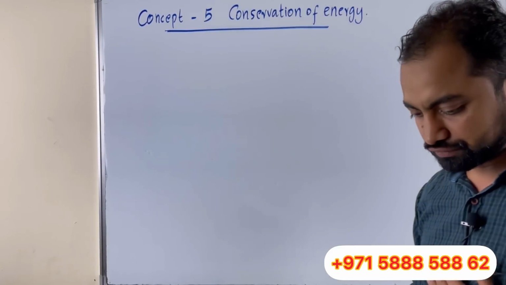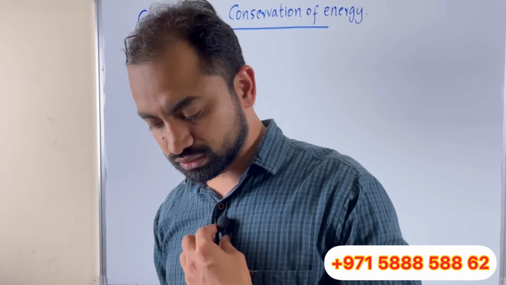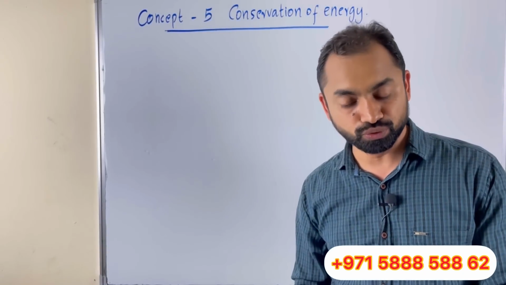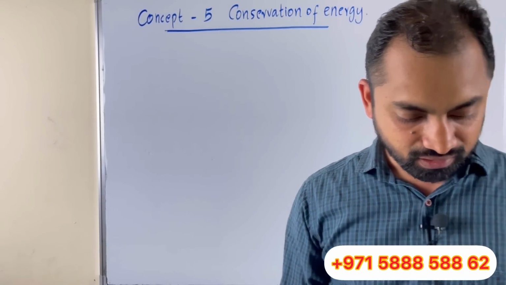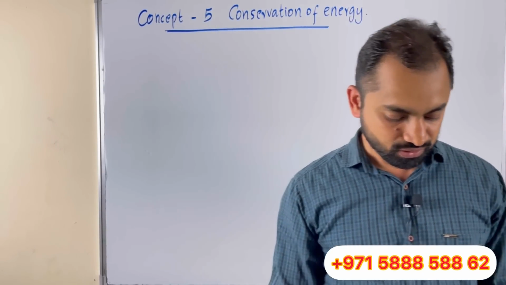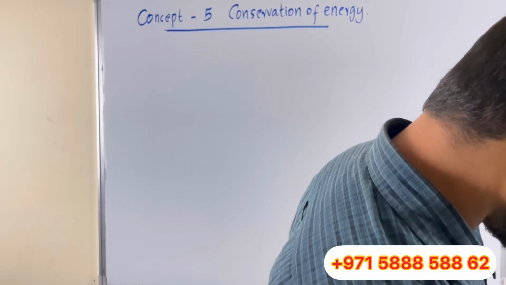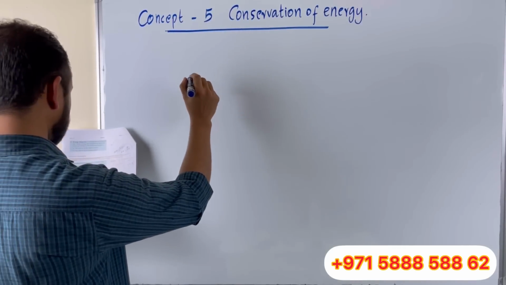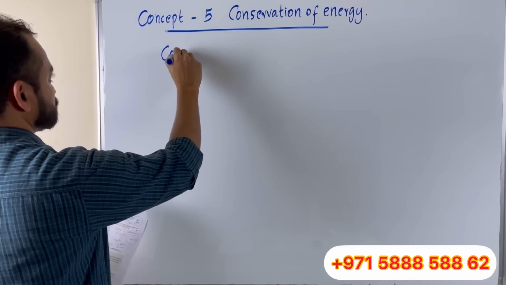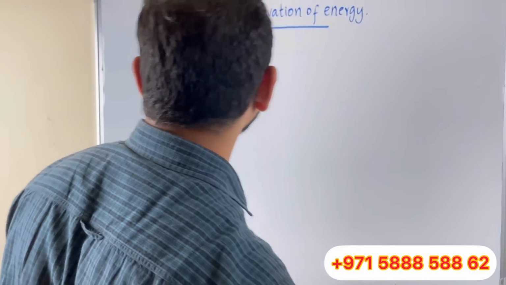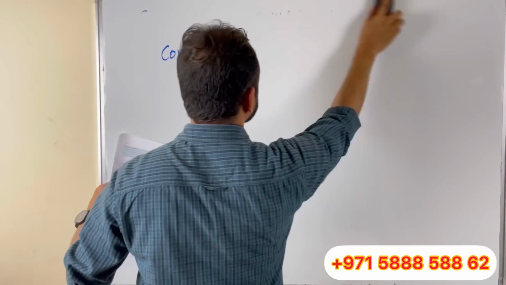Next, after rotational kinetic energy, we have the gravitational force, that is the law of universal gravitation. And here we have question number 12 and question number 20. So now the next concept is the gravitational force. So this is our concept number 7. Concept 5 we need to remove from here.